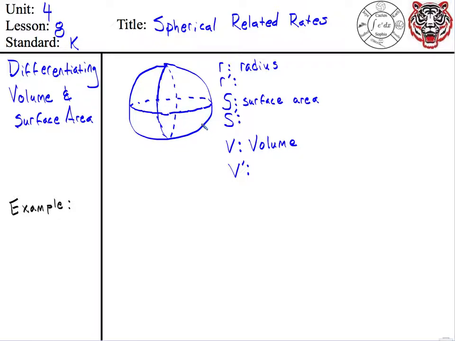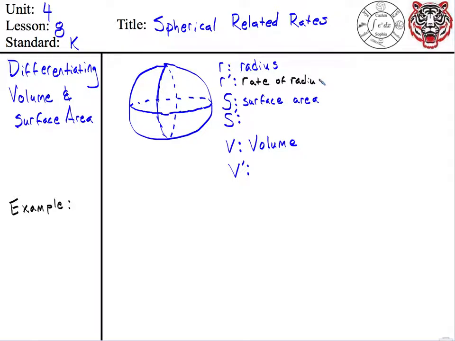So, what do our variables mean? Lowercase r is radius. Therefore, lowercase r prime is what? Radius prime, but it's the rate of radius.